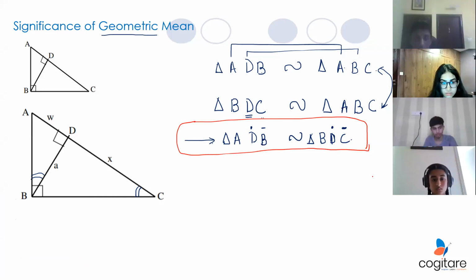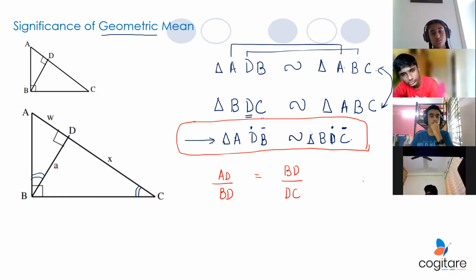AD by BD is equal to BD by DC. Is he correct? Josen, is he? Yes, ma'am. Opposite angle A is A and opposite angle B is X. Yes, this is correct.